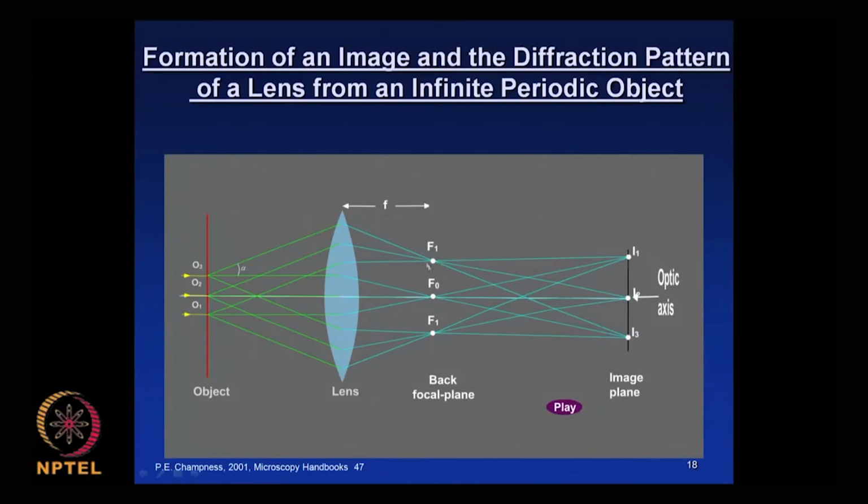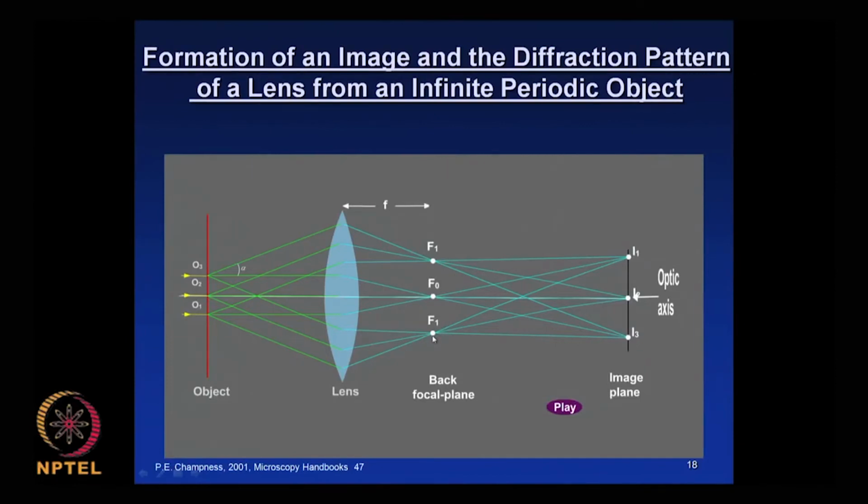What it means is, each diffracted spot in the back focal plane contains some information about the image. This spot will have some information about the image, and this spot will have some other information about the image.